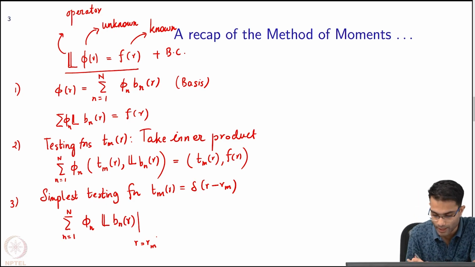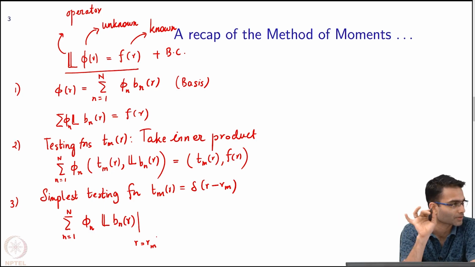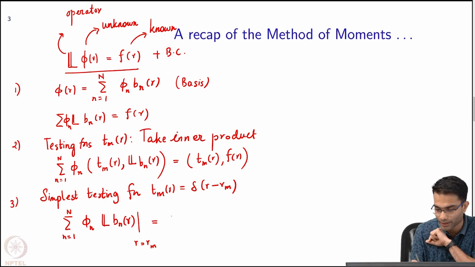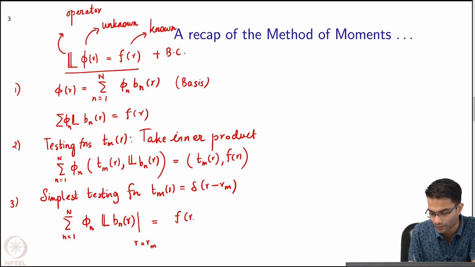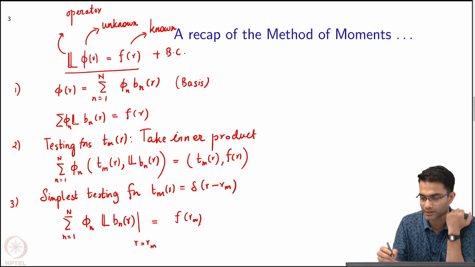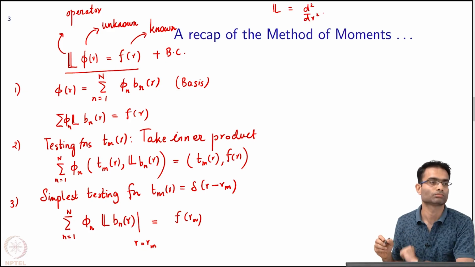Okay. And so, this is a shorthand way of writing it, you write Bn of Rm, but you should be clear what that means. Okay. And the right hand side becomes, because this is a simple integral, f of Rm.